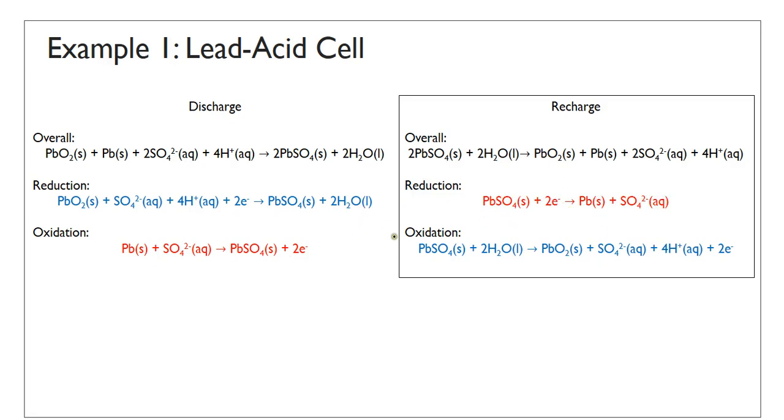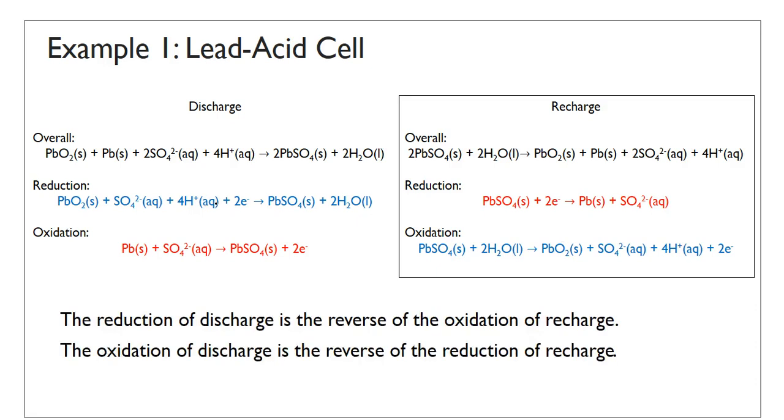A lot of students think that reduction of discharge is oxidation of recharge. That's not right. You have to reverse the reduction of discharge for it to become the oxidation of recharge. That's the rule. Reduction will become oxidation once reversed, and vice versa. So just reverse the equation, okay?